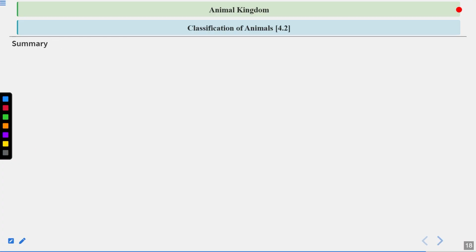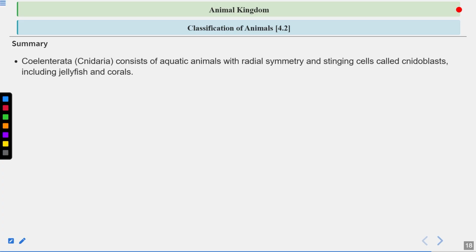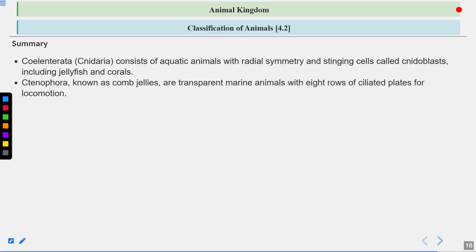Now we will summarize today's lecture. Coelenterates, Cnidaria, consist of aquatic animals with radial symmetry and stinging cells called cnidoblasts, including jellyfish and coral. Ctenophora, known as comb jellies, are transparent marine animals with 8 rows of ciliated plates that help in locomotion.